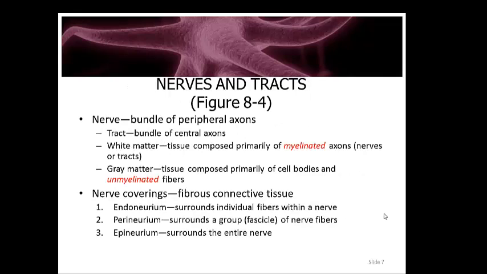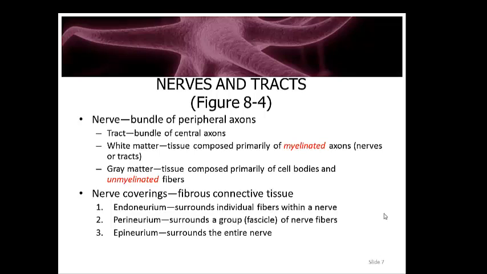A nerve is nothing other than a bundle of peripheral axons. We have what is called a tract, which is a bundle of central axons, and sometimes we may hear terms such as white matter and gray matter. White matter is any nervous tissue that's made up mainly of myelinated axons.